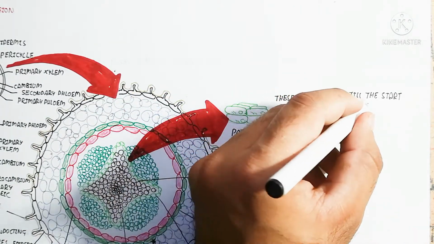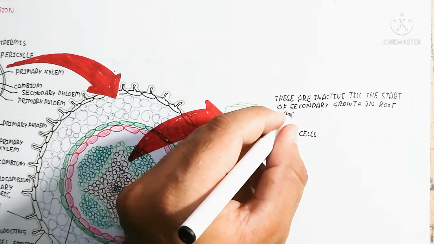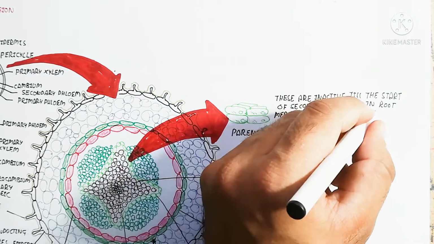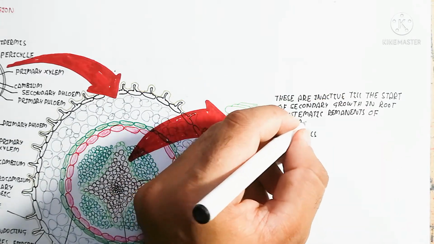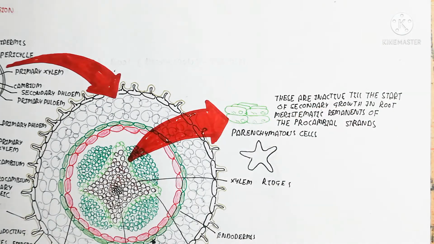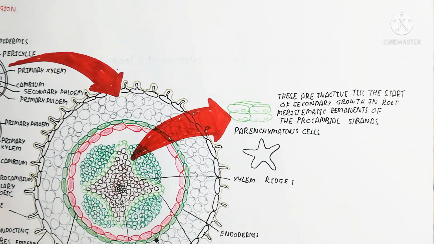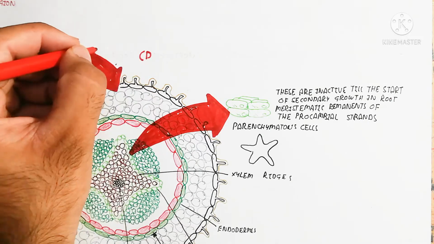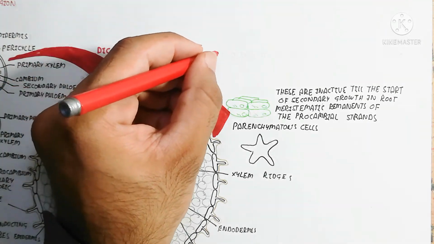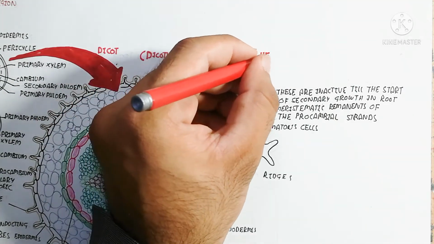So here parenchymal cells are present in the cambium ring. This cambium ring is inactive till the start of secondary growth in root. When secondary growth starts, the meristematic remnants of the procambial strands will occur.